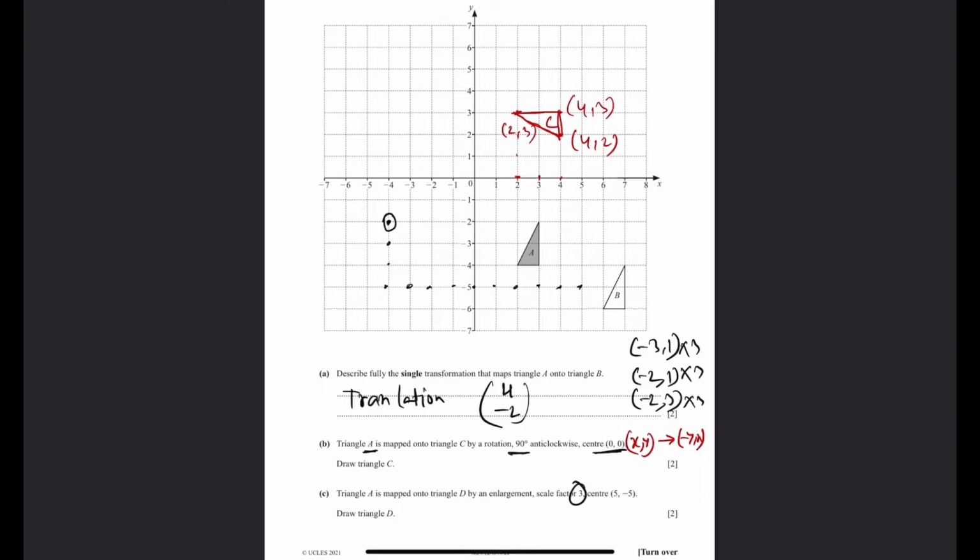Then minus 6, 3, and minus 6, minus 9. So we can join these, and this is triangle D. This is the enlargement. This marks is 2.